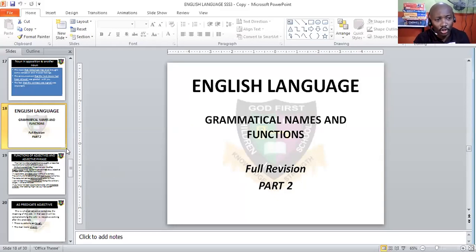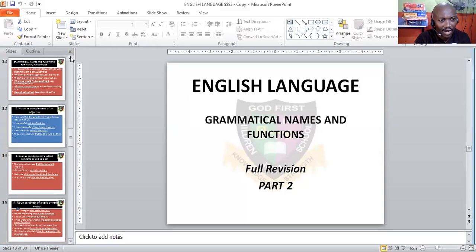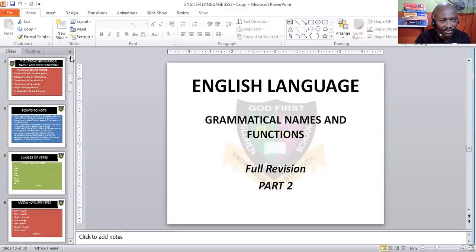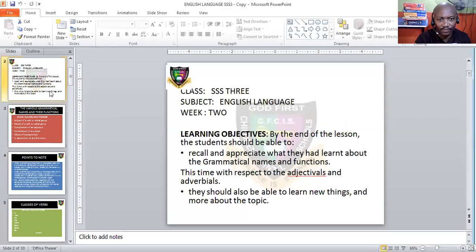Today, we're going to be looking basically at the adjectivals and adverbials, their functions, and how they can be relevant to your study of grammatical names and function.